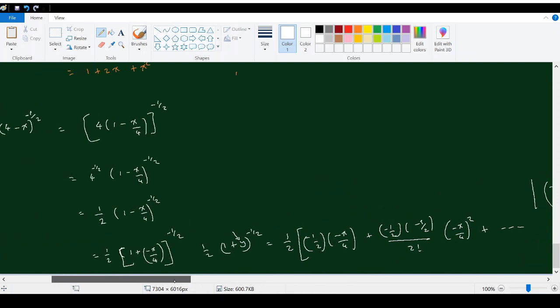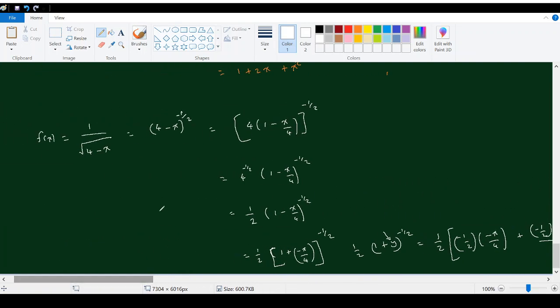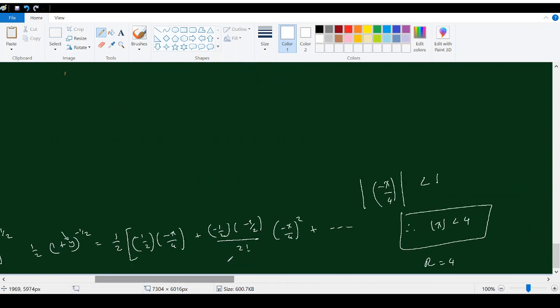So putting it all together, we can say that the power series or the Maclaurin series of this function will be like this, and it will converge at a radius of 4. That means from 0 to 4 on both sides.